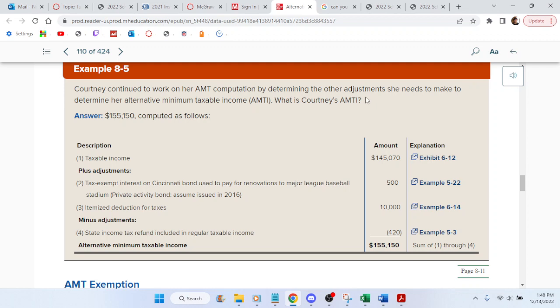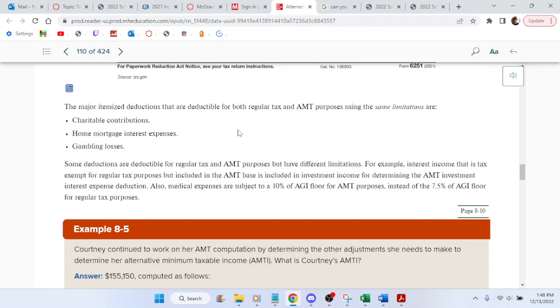How about medical expense? Do we add back the medical expenses? It says a 10% of AGI floor for AMT purposes. So that's going to be fun to figure out. We have to add back a certain amount, but not the full amount of medical expense that we... How do you add back the medical expense?